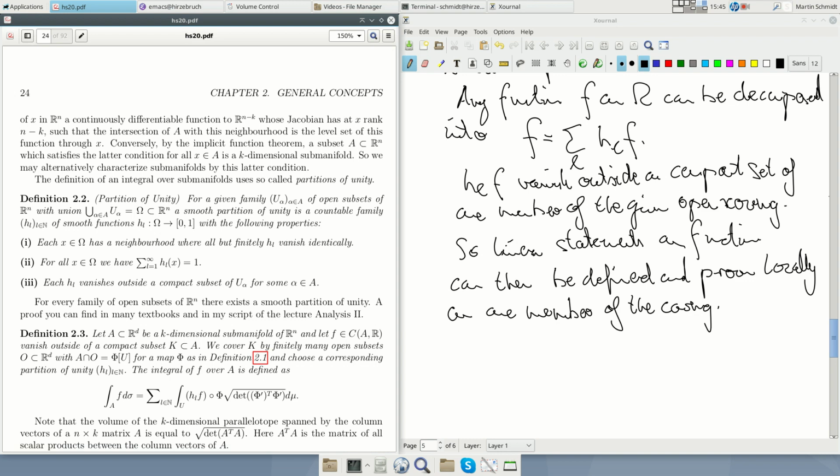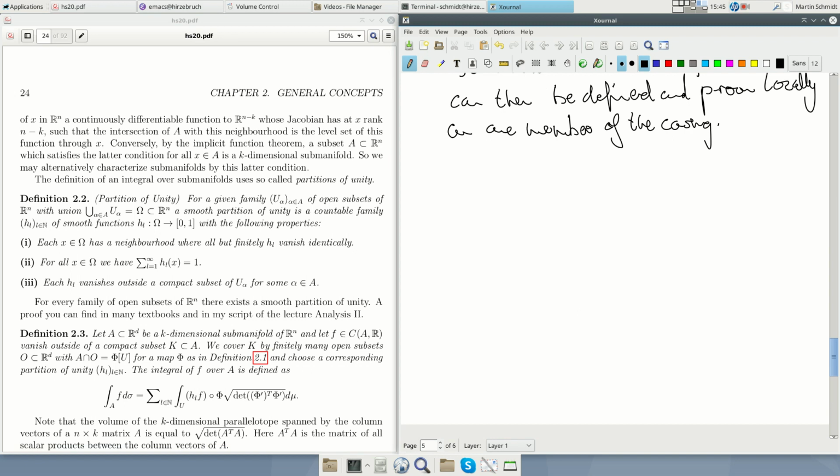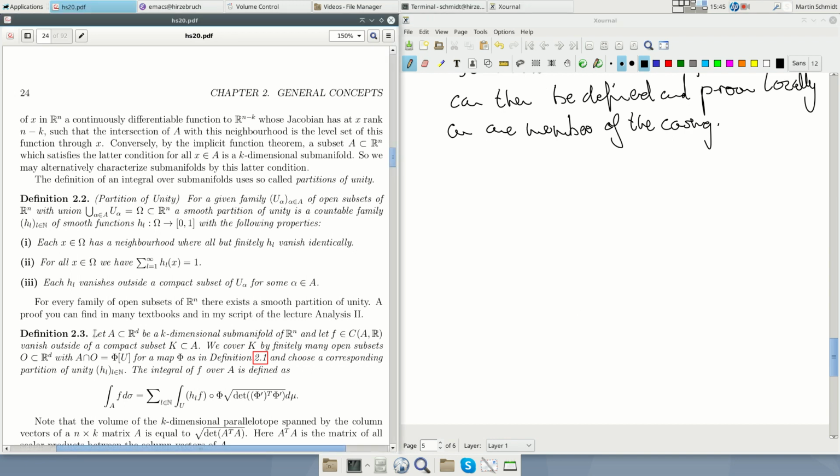Okay, now we are ready to define the integral over submanifolds. Let's look at this definition here. Now we define the integral over such a submanifold. We have a k-dimensional submanifold A of R^n, and a continuous real function on A, which vanishes outside a compact subset K of A. This we assume to guarantee that the integral really is defined and is finite.